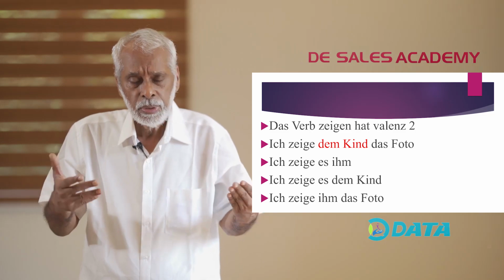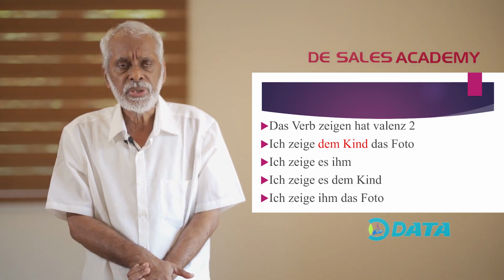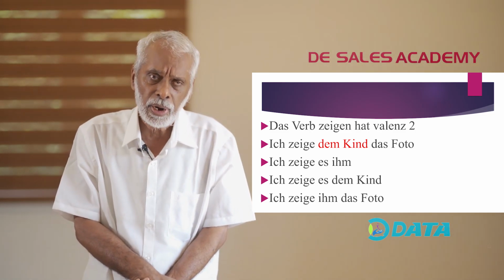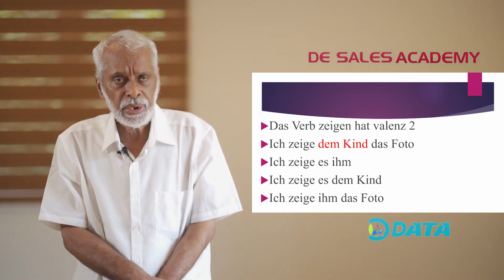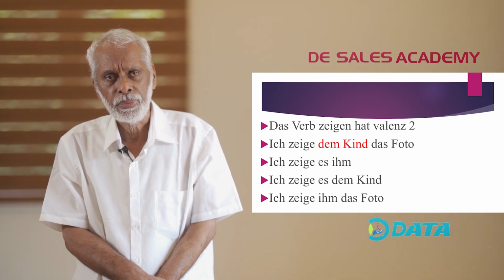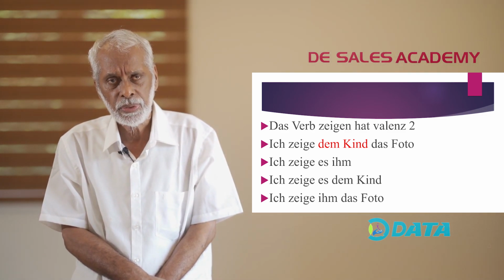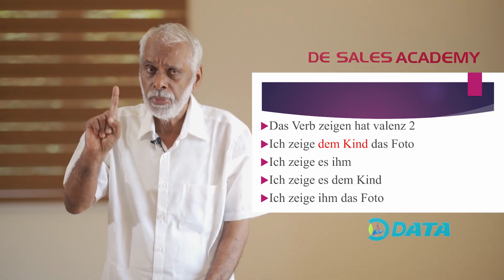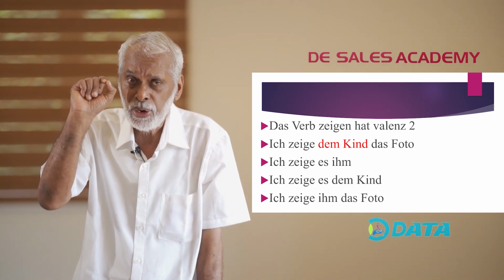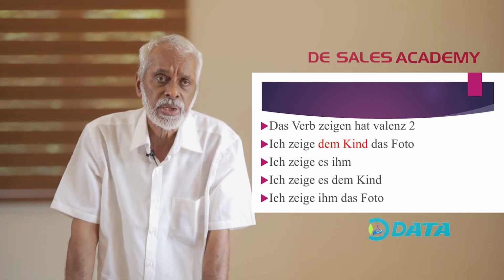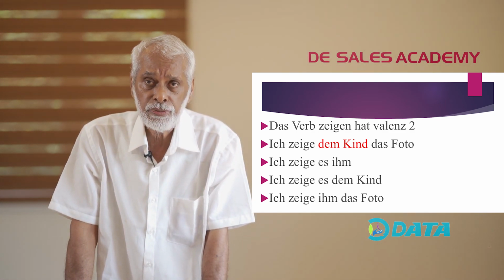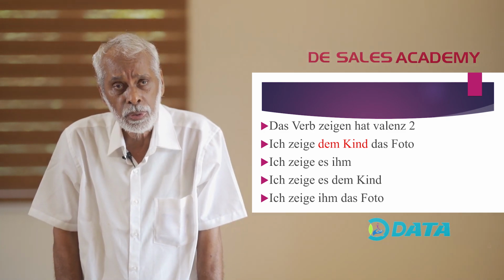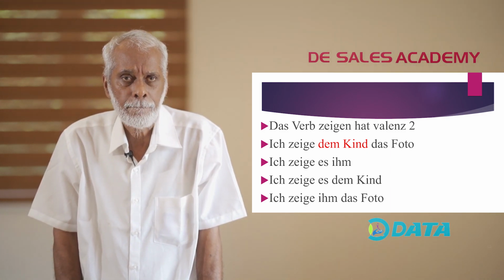Now let's try to replace these nouns with the help of pronouns. Das Kind is a neuter noun. It is in the dative case. So if you remember, the dative neuter pronoun is ihm, and the accusative neuter pronoun is es.